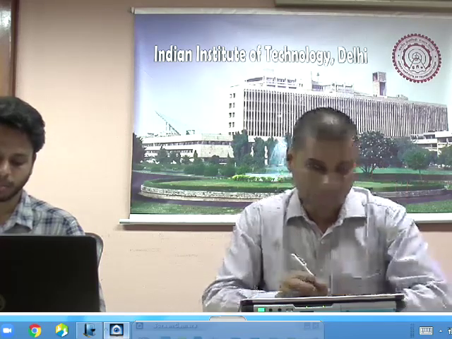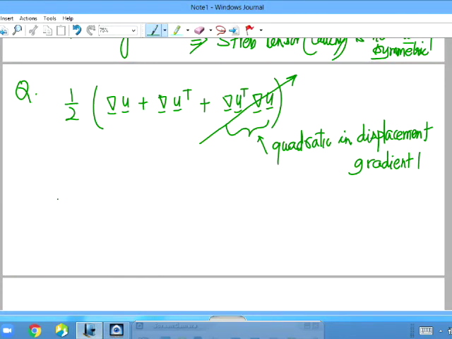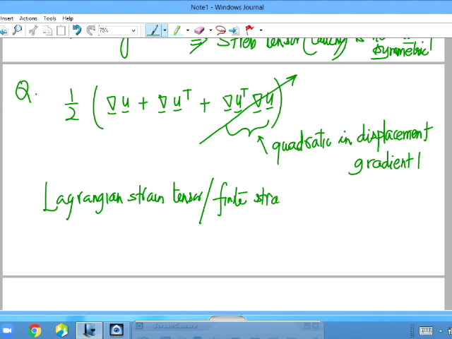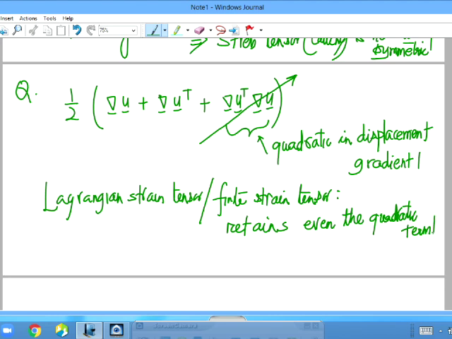So the Lagrangian strain tensor, also called the finite strain tensor, retains even the quadratic term, whereas the infinitesimal strain tensor only keeps the linear terms in displacement.